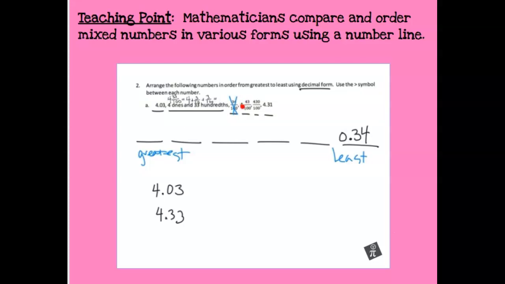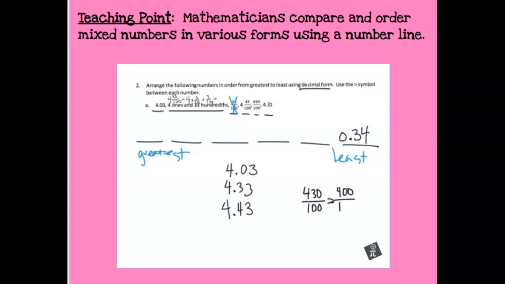And then the next one, 4 and 43 hundredths, that's straightforward. And then the next one is 430 hundredths. That's worth writing down here. Well, we can do a little decomposition.